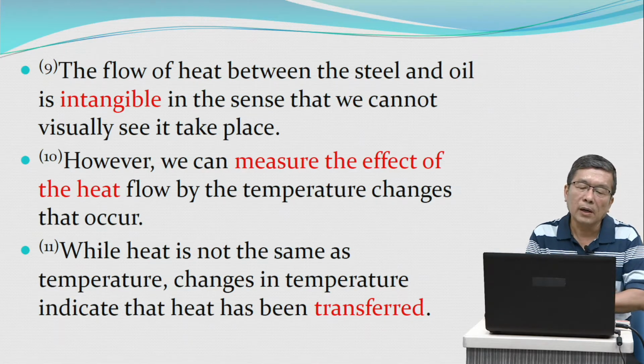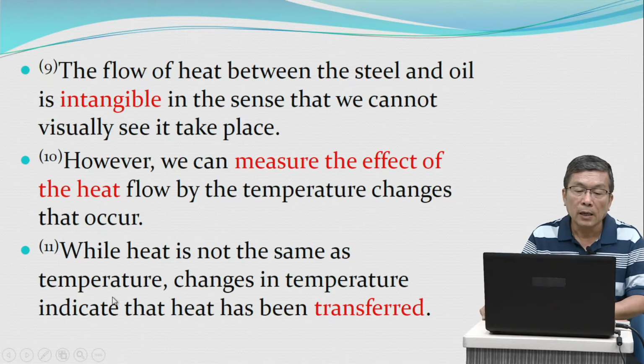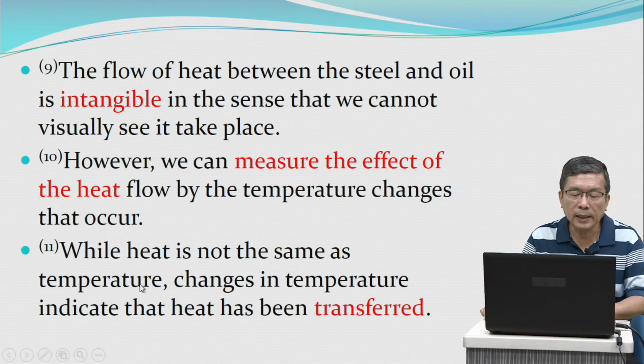However, we can measure the effect of the heat flow by the temperature changes that occur. Heat is not the same as temperature. Changes in temperature indicate that heat has been transferred.